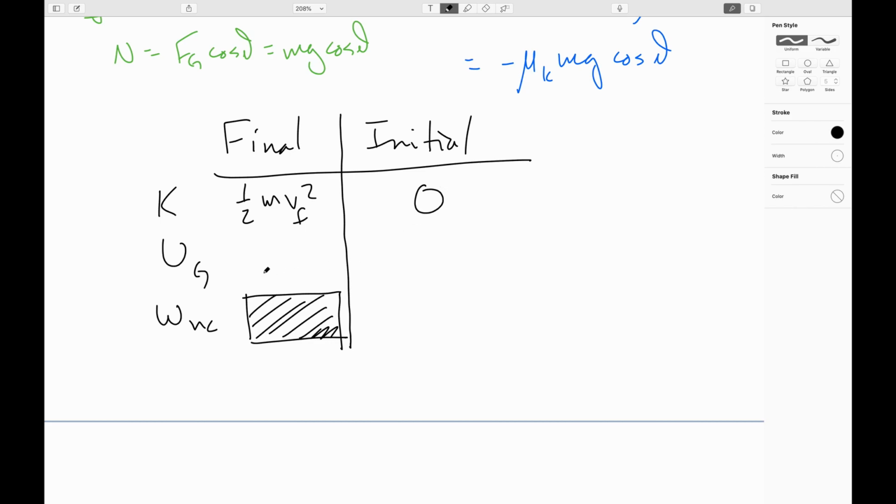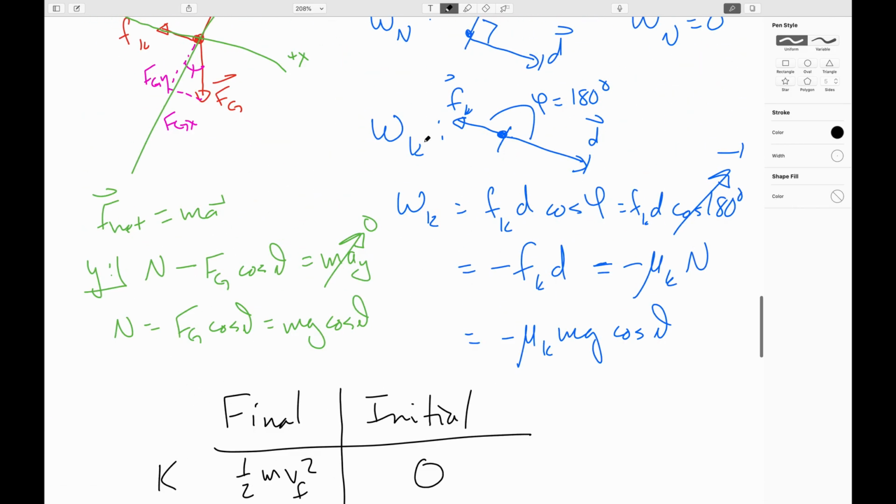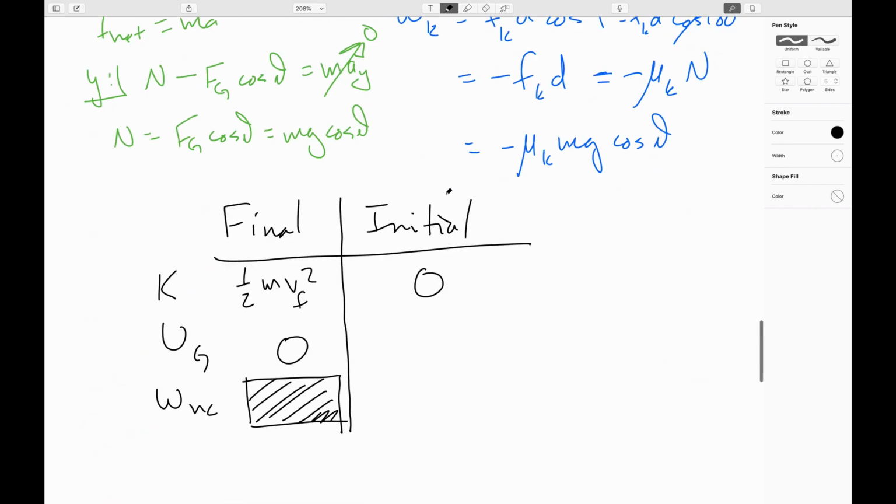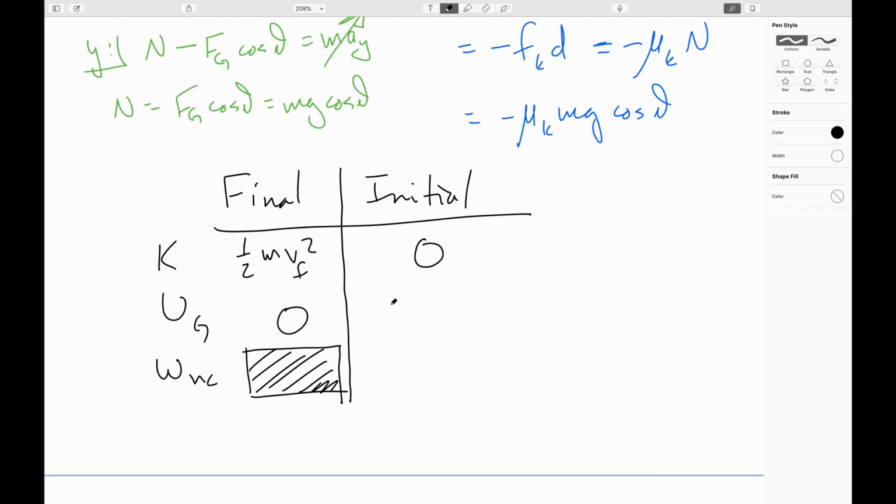Our final potential energy is 0 because we set y final to be 0 over here. So for the initial, this will be mg y initial, and I'm just going to immediately substitute in that that'll be mg, and we worked out that our y initial is d sine theta.